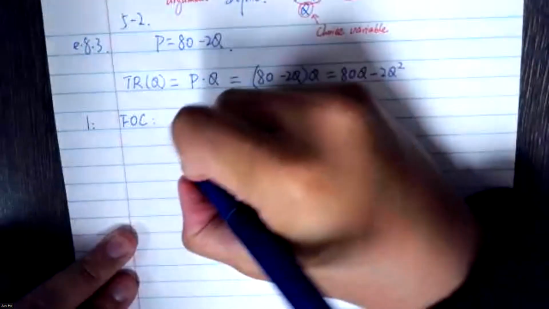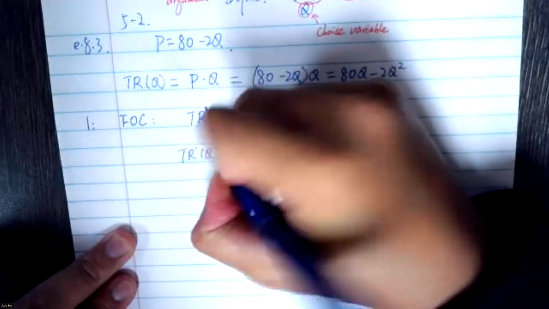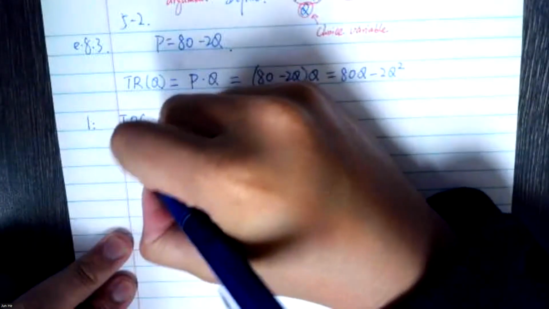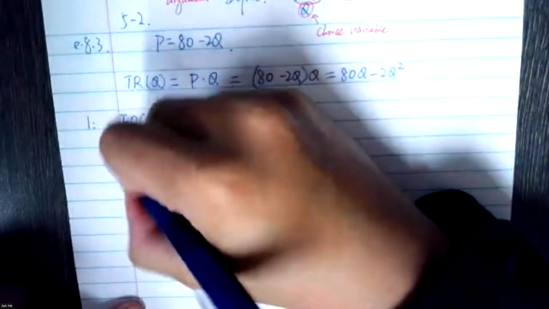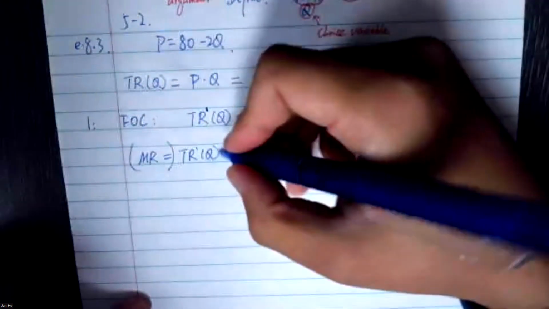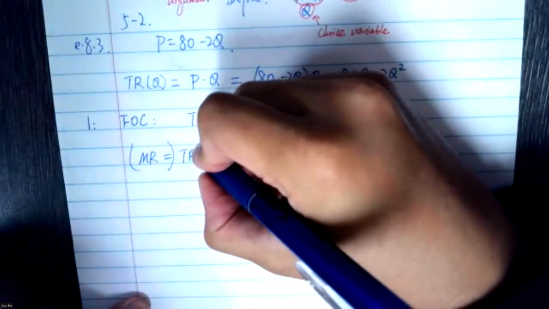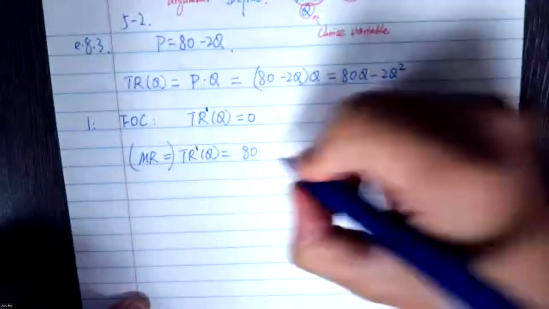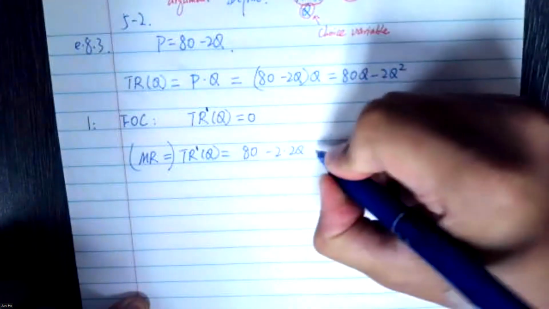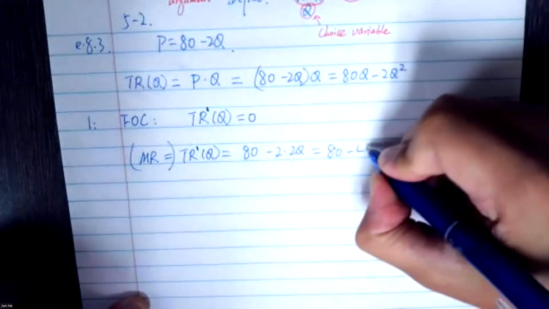Total revenue's derivative is actually marginal revenue, right? That is just for your reference, not important here. But the derivative of total revenue equals 80 minus 2 times 2Q, which is 80 minus 4Q.